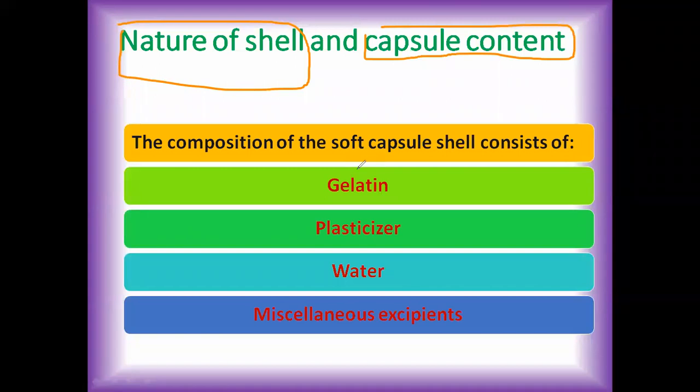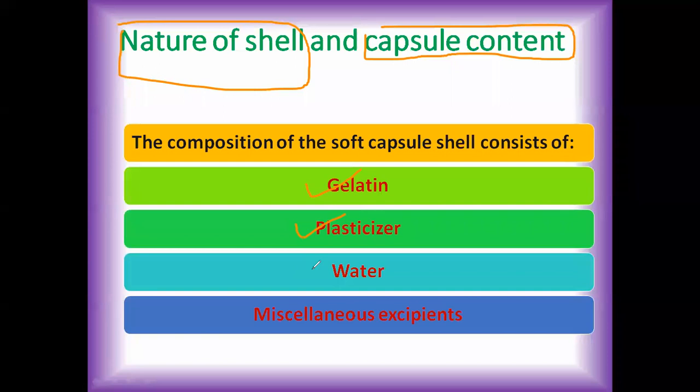that its composition consists of mainly gelatin, then plasticizers. Now already we have discussed this point regarding plasticizers, where we have seen they are used for giving the flexibility to the soft gelatin capsules.